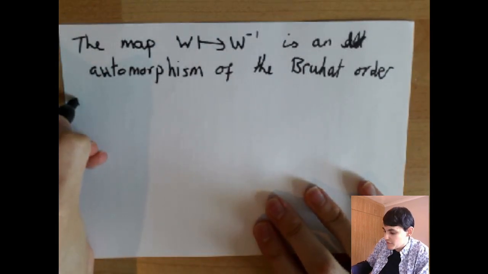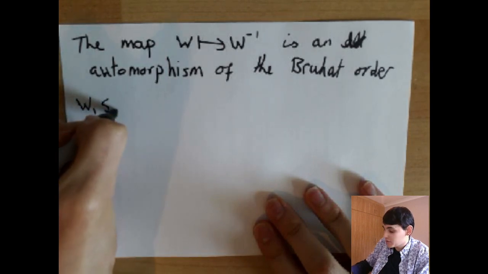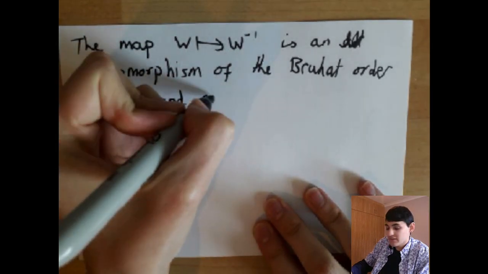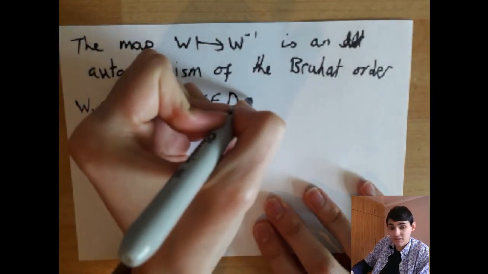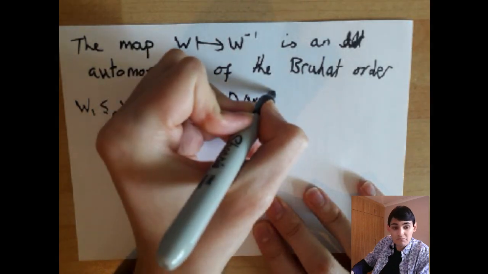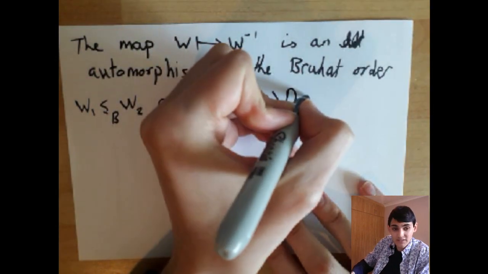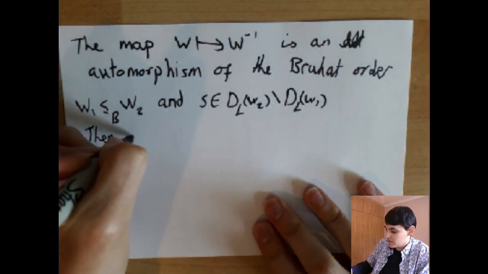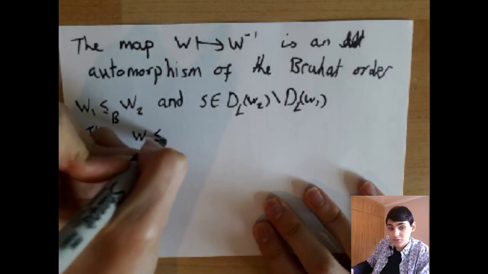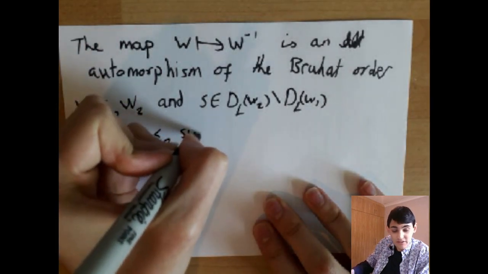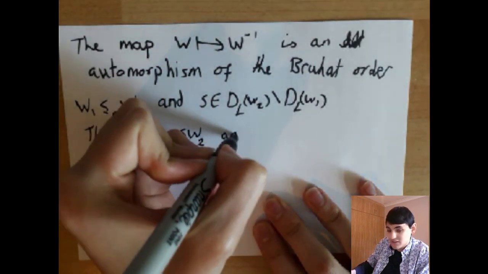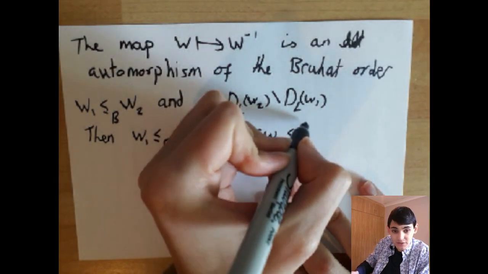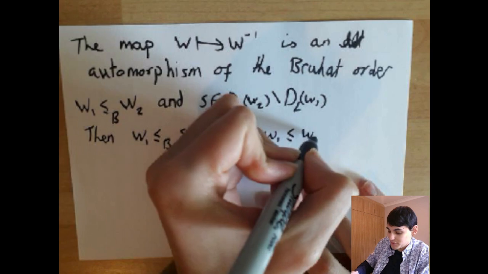If W1 is less than or equal in the Bruhat sense to W2, and S is in the left descent set for W2 but not the left descent set for W1, then W1 is less than or equal to SW2 in the Bruhat sense, and SW1 is less than or equal to W2.